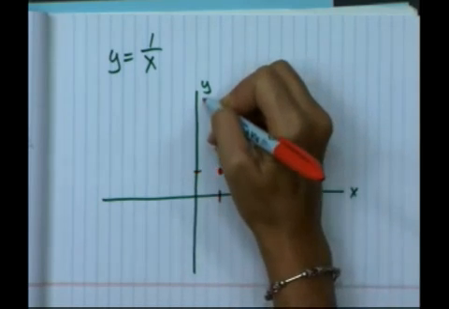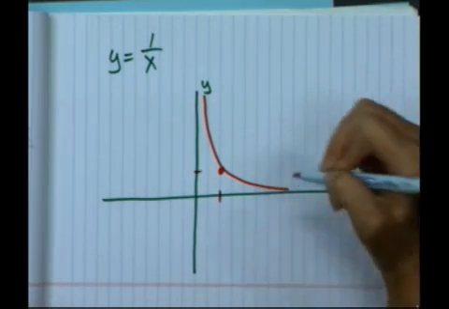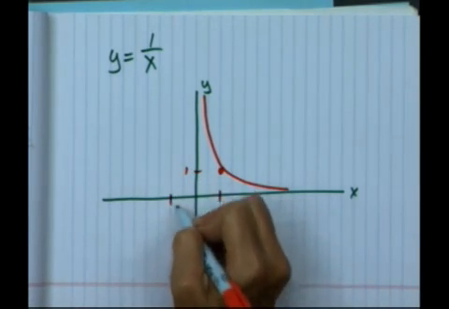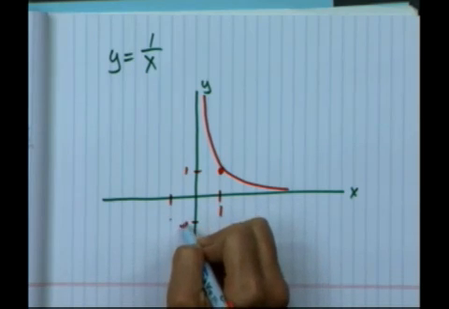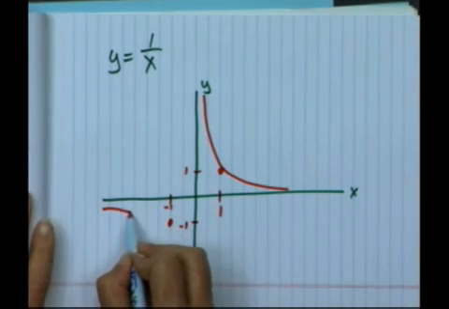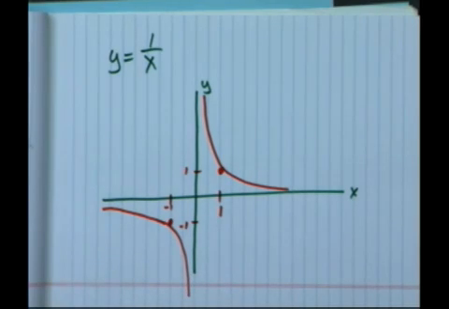All right, and you kind of memorize the graph look like this. And, right, -1, -1. And the graph looks like this.